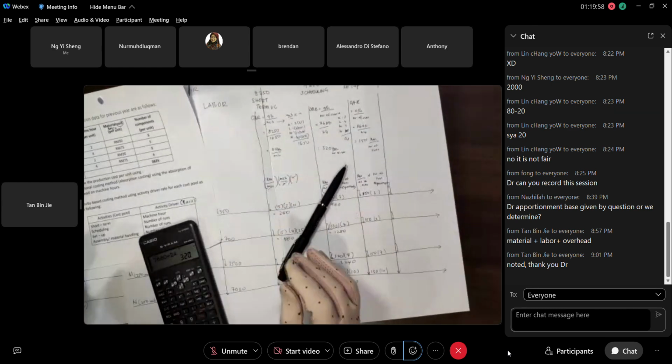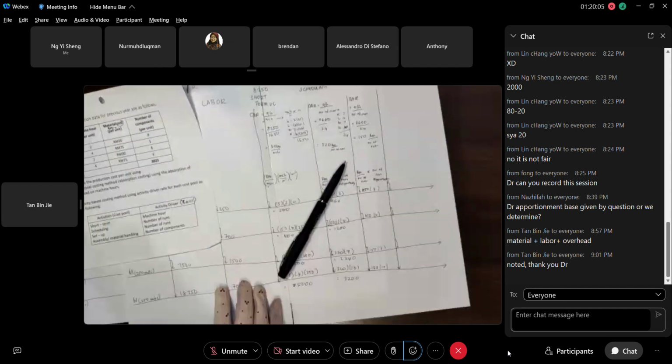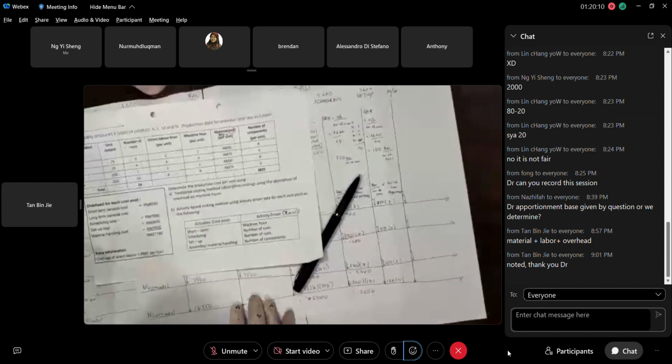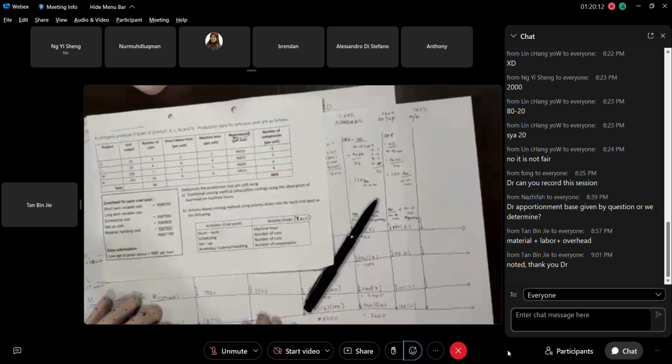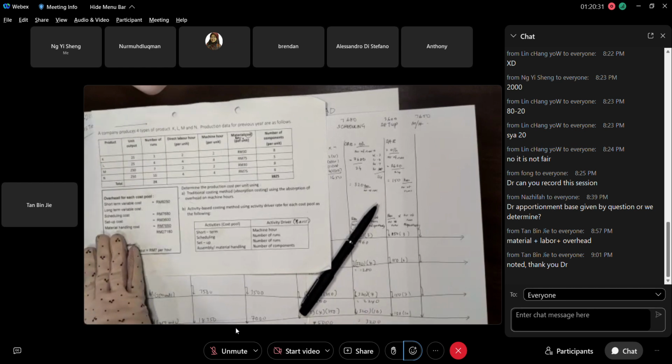Sekejap saya kena rehatkan tangan sakit. Okay, cuba try. Okay. The numbers. Ada question?